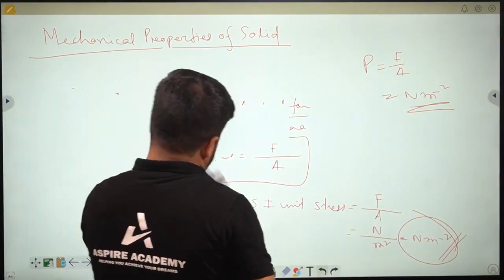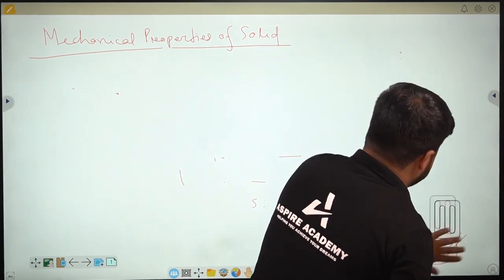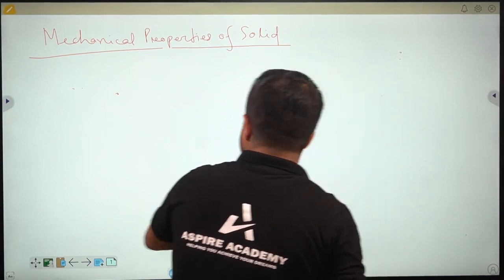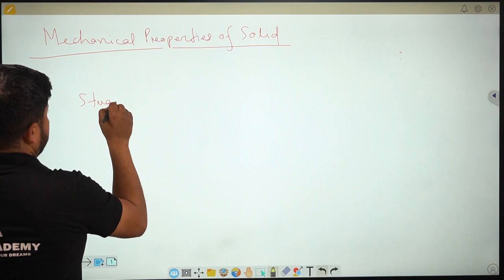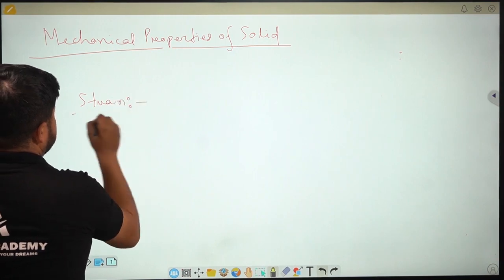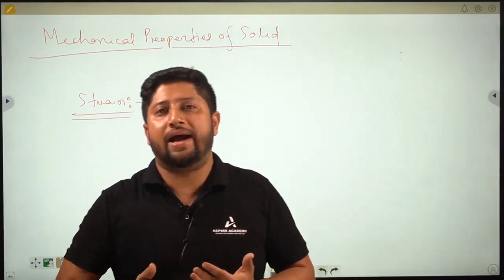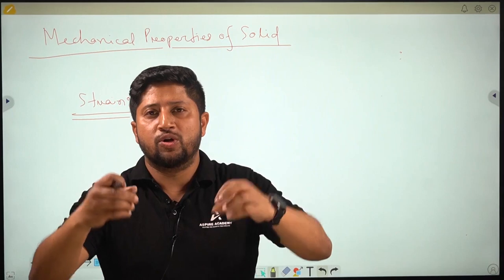So this is stress. Another topic term is called strain. What is strain? Suppose we consider a wire or a box, anything else. If we apply force, what will happen?